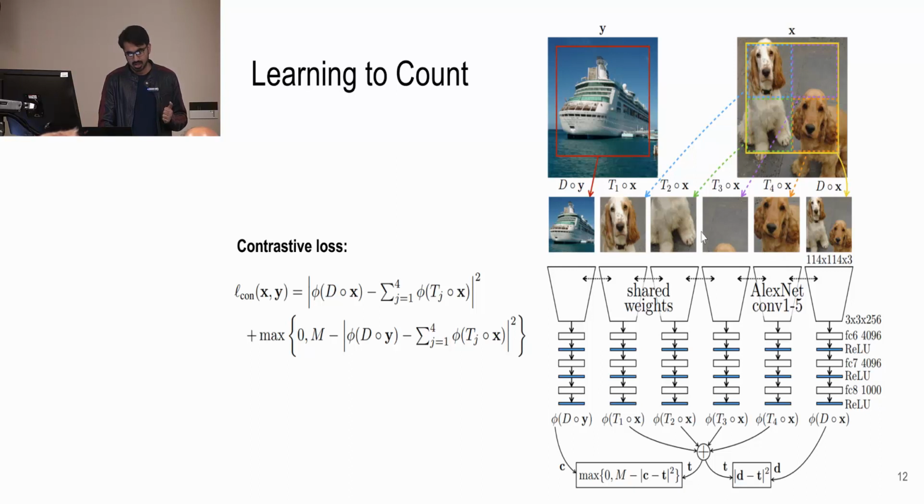But for the contrastive loss, other than these, we also randomly pick an image Y from the dataset. Since this image is picked at random, it should belong to a different class than the image X.